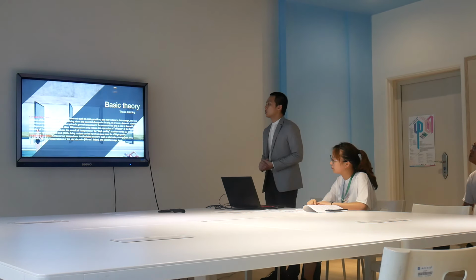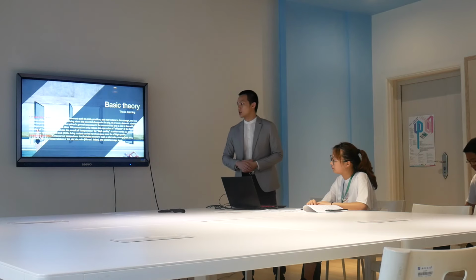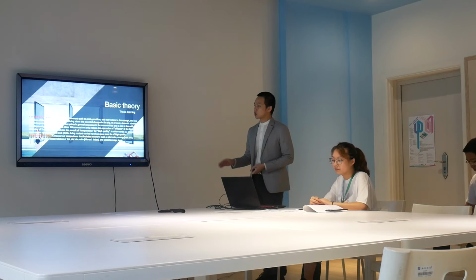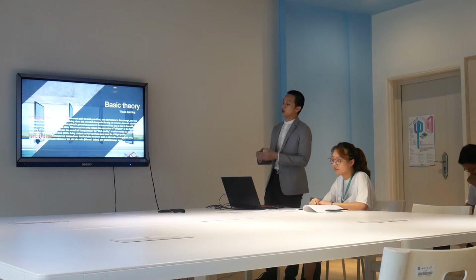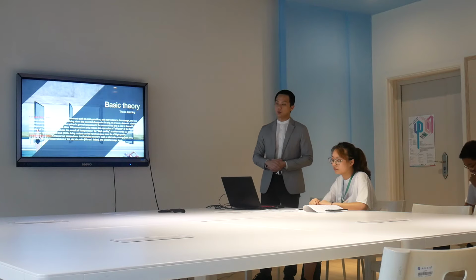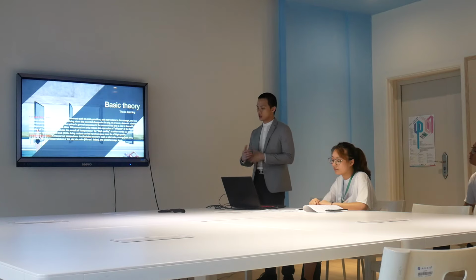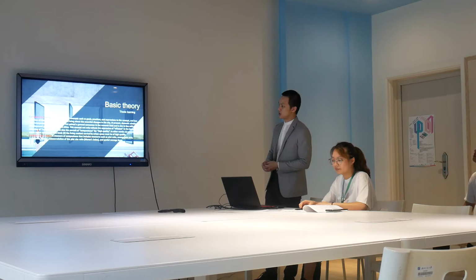Our basic theory is compact city theory. What I want to emphasize is that in the past decades, so many scholars and specialists have tried to understand the concept of compact cities, but after several years, there's still no clear concept of compact cities.